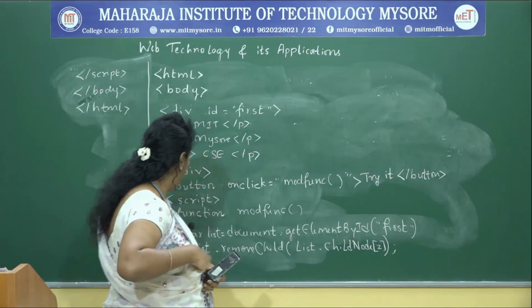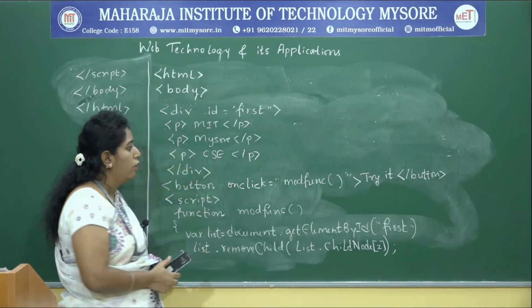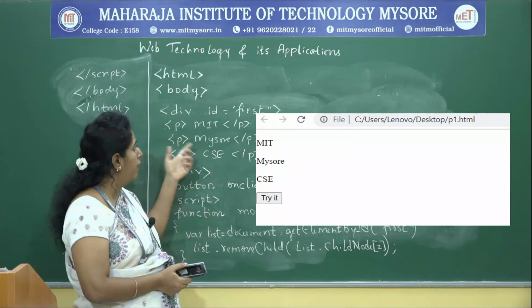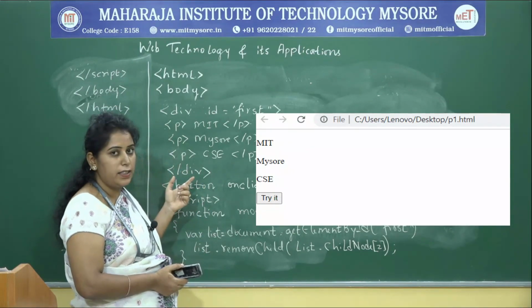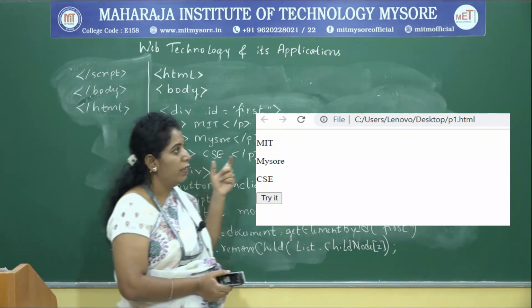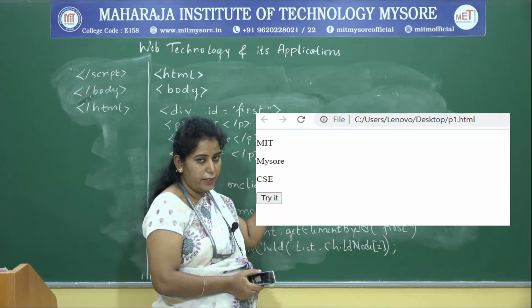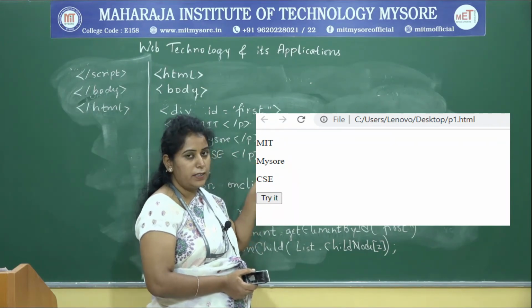So, now we will run this program. Once you run this program, you can notice the output saying MIT, Mysore and CSE. After that, you can notice there is a button saying try it or click on me. Is it right?